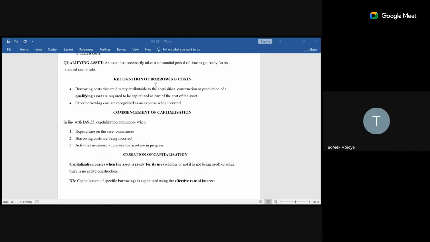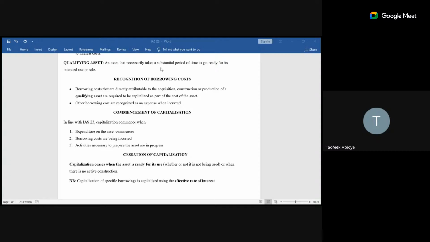So the question I'm asking is, what is the relevant period for capitalization? It is from 30th November 20x4, when we incurred expenses and bought that machinery, to the date the asset is ready for use.